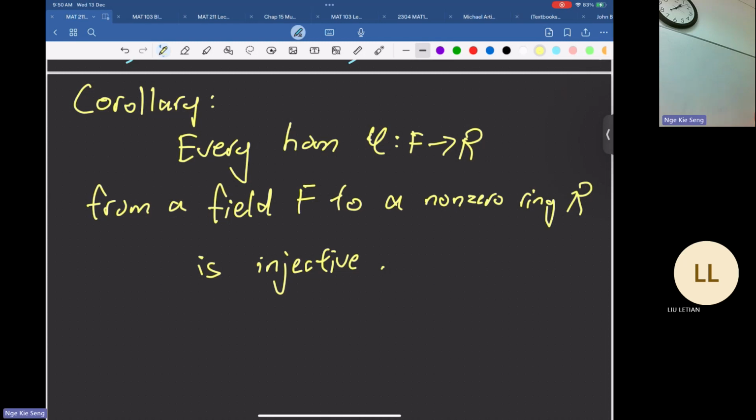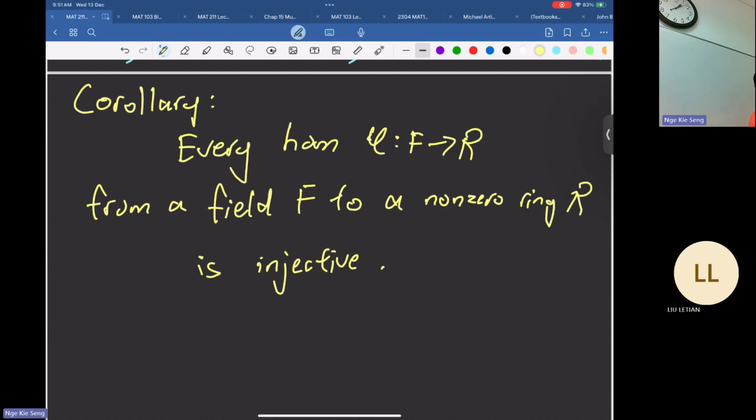So this is the analog to groups. In groups, what is the kernel of a group homomorphism? The kernel of a group homomorphism is a normal subgroup. The kernel of a ring homomorphism is an ideal. Ideals generalize the kernel; your kernel must satisfy the ideal property. But in a field, you only have two ideals, the zero ideal or the unit ideal, the everything.